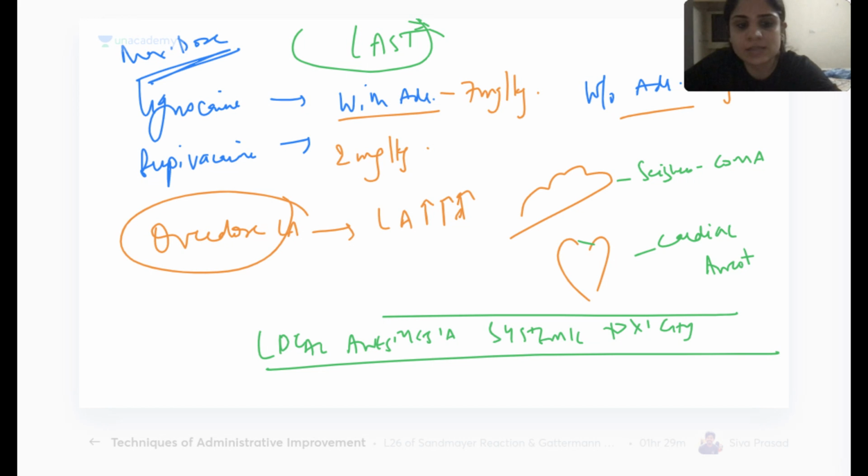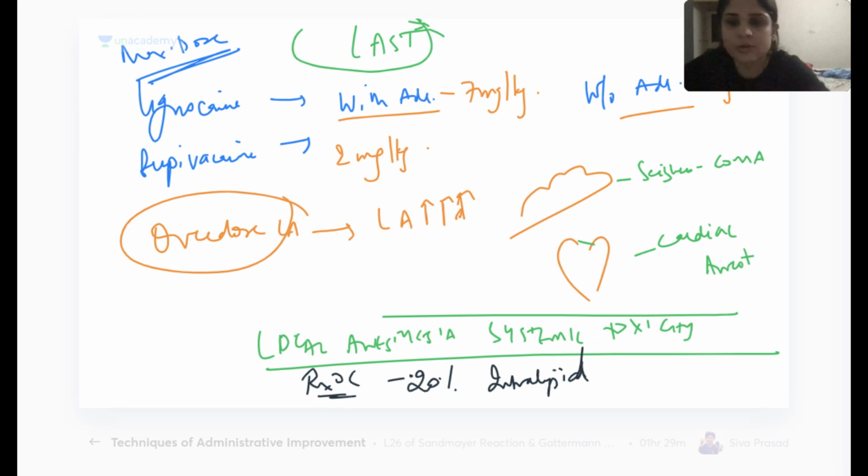So what do I do in that case? What is my drug of choice? Anyone? My drug of choice in this case is 20% intralipid. So what does 20% intralipid do? Intralipid is basically full of fat. So when I give it, suppose my drug is attached to the brain and the heart.